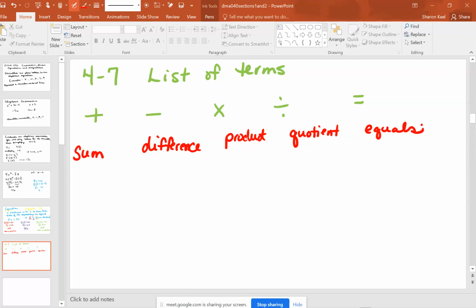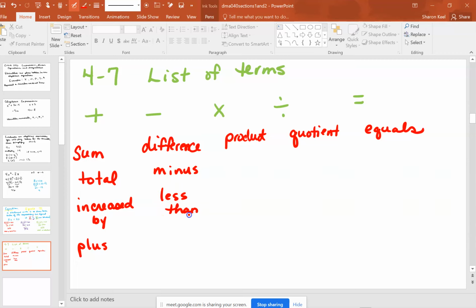Now there's many other terms, and these words are represented on page 4-7. So you would have sum, you might have total, you might see the word increased by, plus. For difference, you might see the word minus, you might see less than, you might see the term subtracted from.